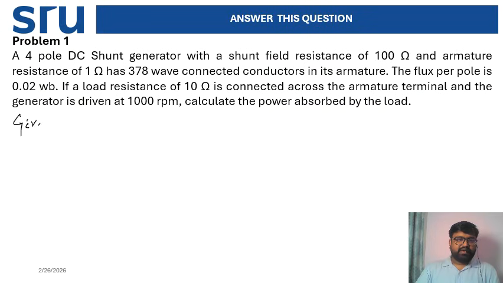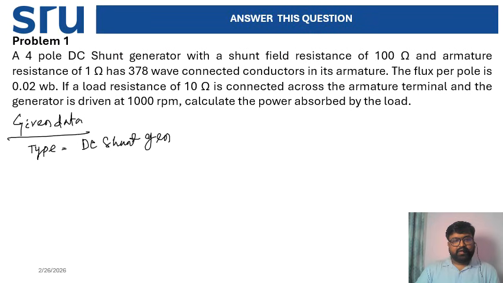First, we'll write this. Here you can see, if I start reading from here, a 4-pole DC shunt generator. That means the generator type is written as a DC shunt generator.